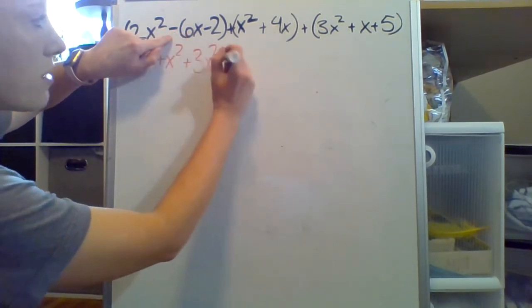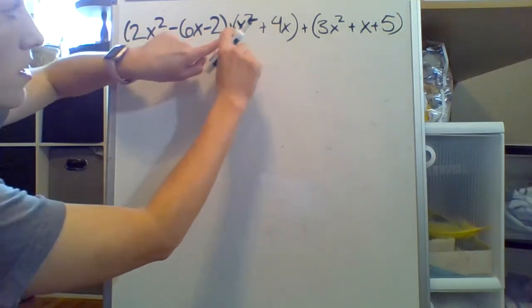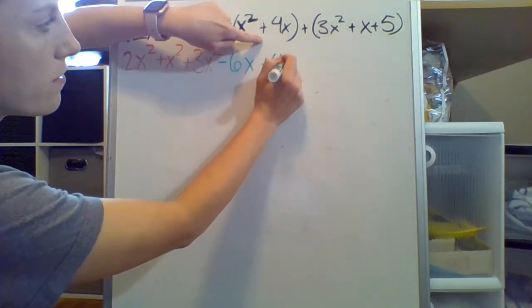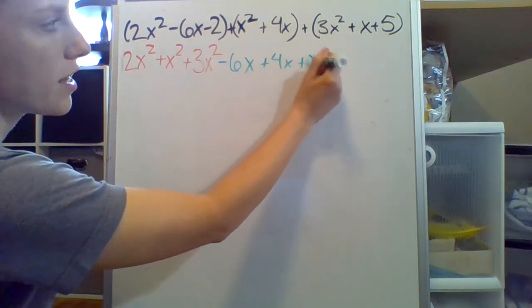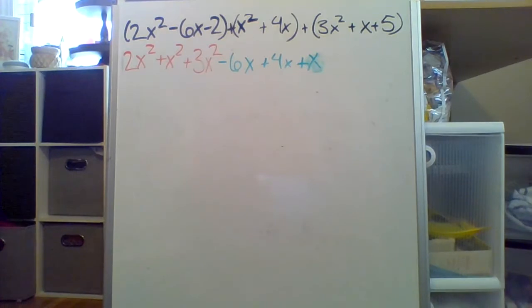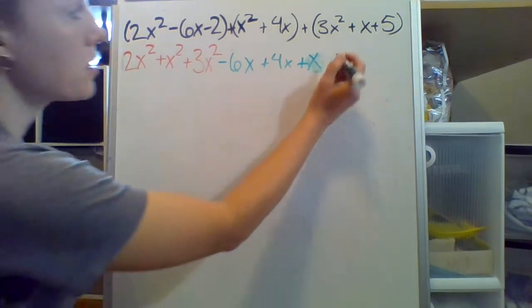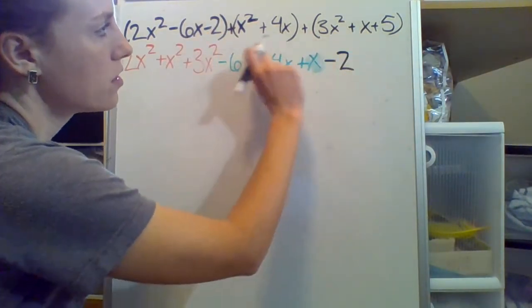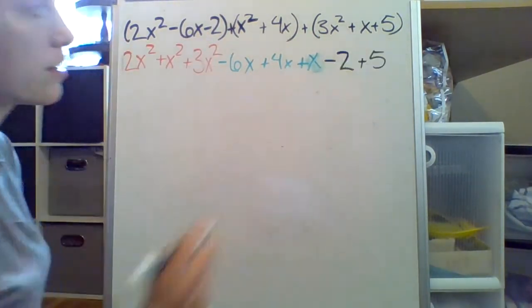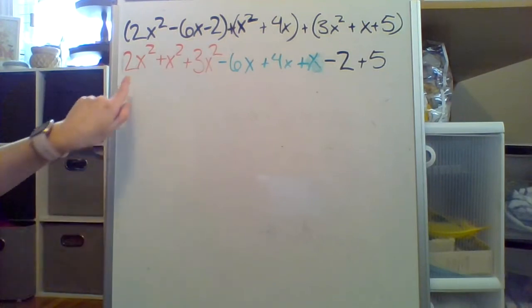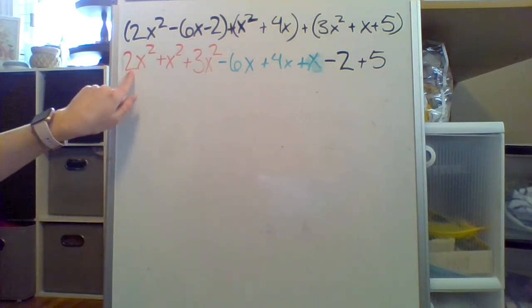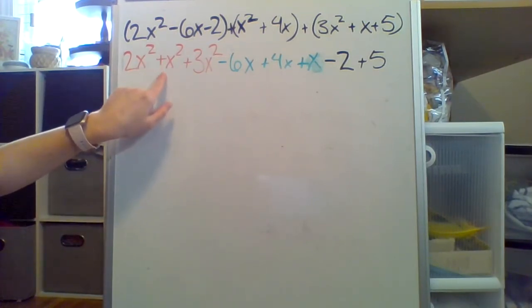Okay, and then our next highest is just our variable x to the first power. Remember, this negative sign goes with it: minus 6x, keep going, plus 4x, plus x. And then our last group, just our numbers, minus 2 plus 5. Now that we have all of these, we're going to add together each of our different terms. These are all positive: we have our 2 plus our 1 plus our 3.